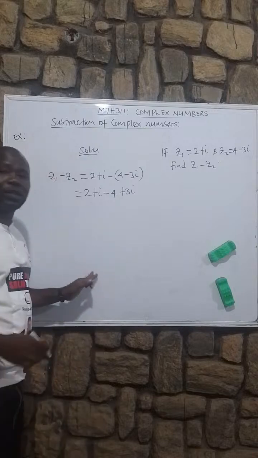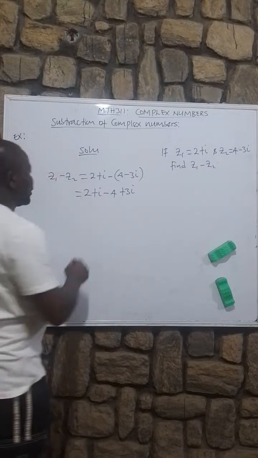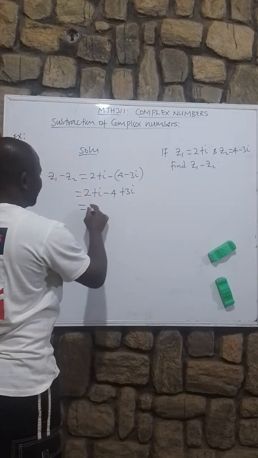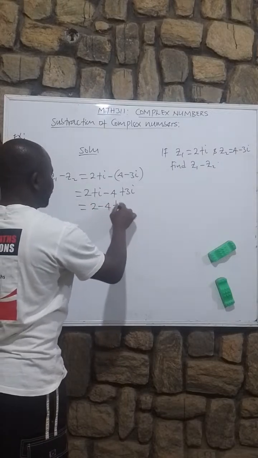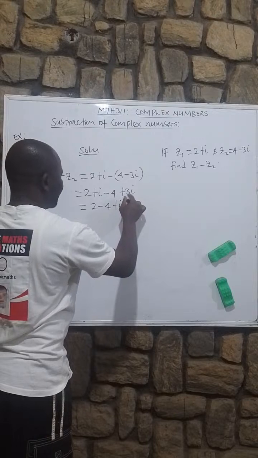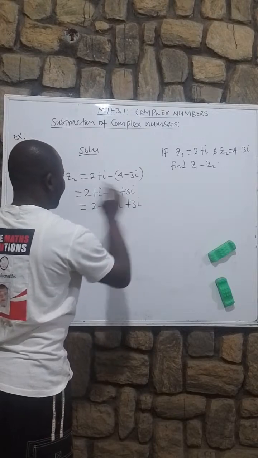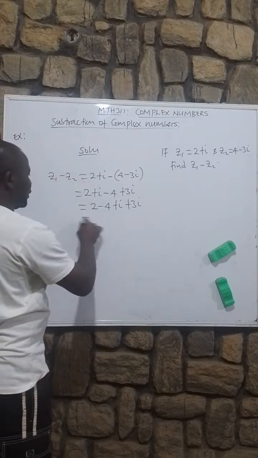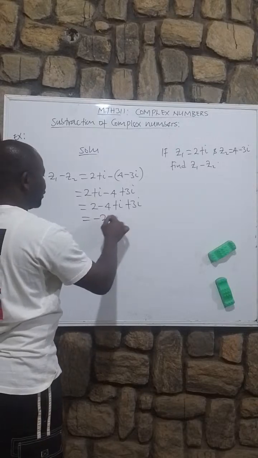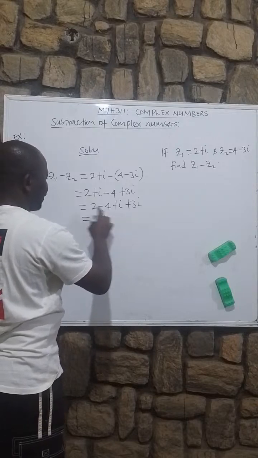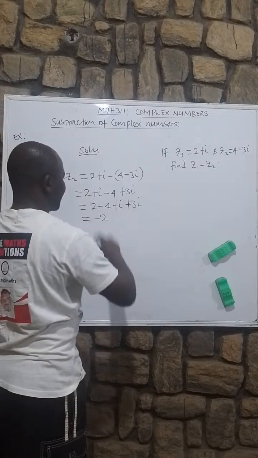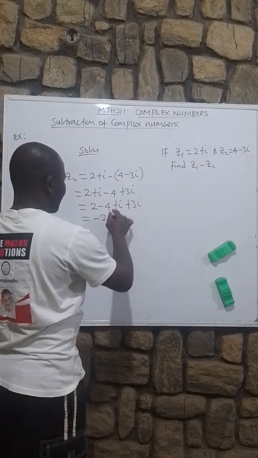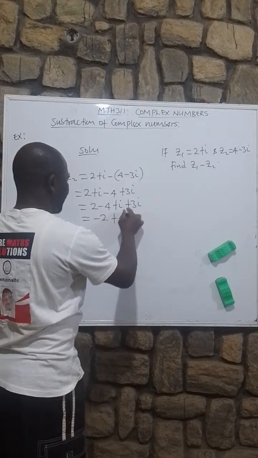True or false? So far, so good. This is equal to, collecting like terms, 2 minus 4 plus I plus 3I. This is equal to minus 2, because 2 minus 4 is minus 2. Then I plus 3I is plus 4I.